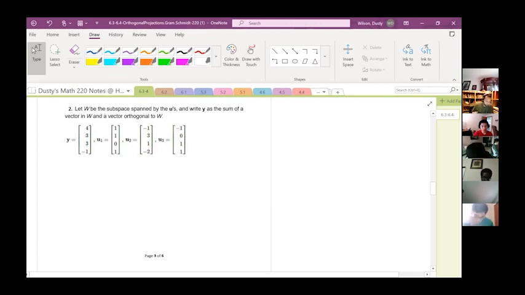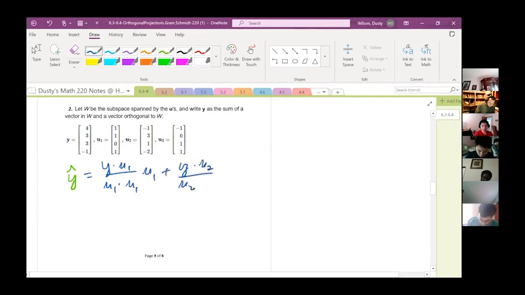And so let's again remind ourselves of the formula. Our formula is that y hat would be equal to y dot u1 over u1 dot u1 times u1, plus y dot u2 over u2 dot u2 times u2, plus y dot u3 over u3 dot u3 times u3. Something like that.